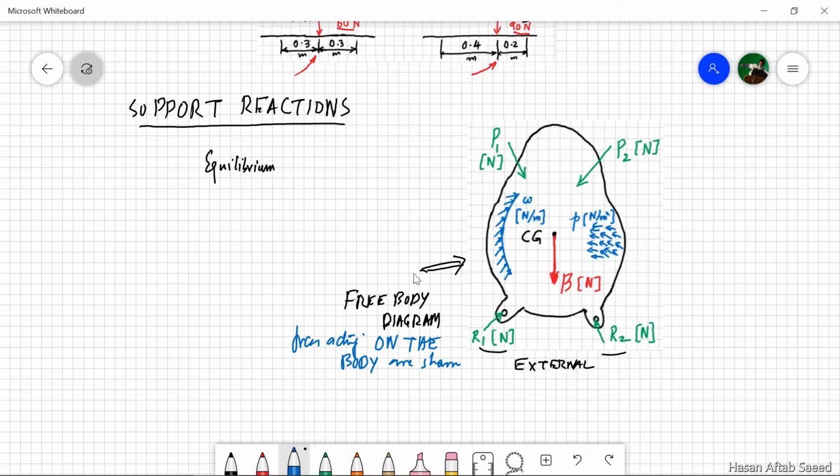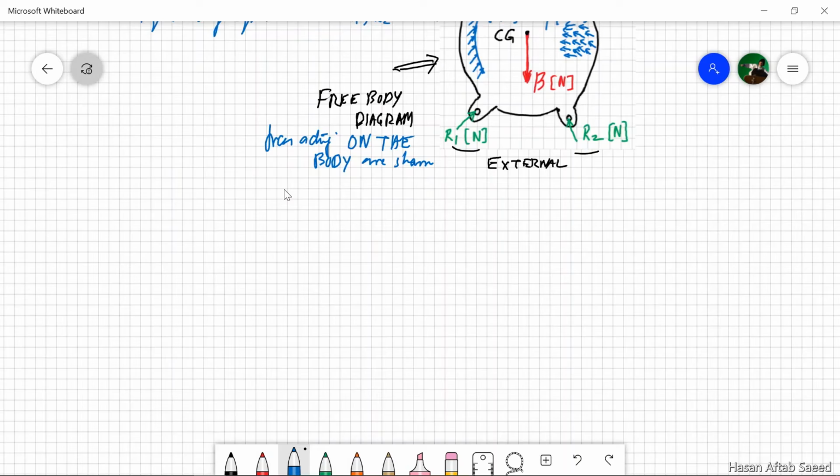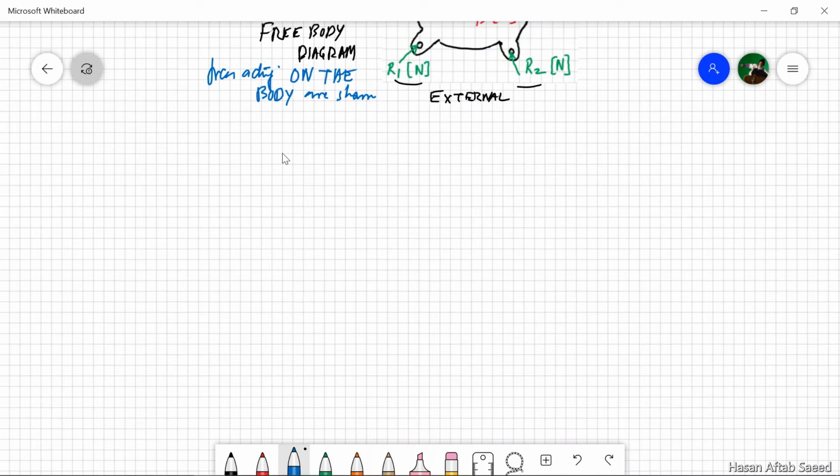Because in rigid body statics, we deal with equilibrium problems. It is the equations of equilibrium that yield these reaction forces. Let's review the equations of equilibrium.